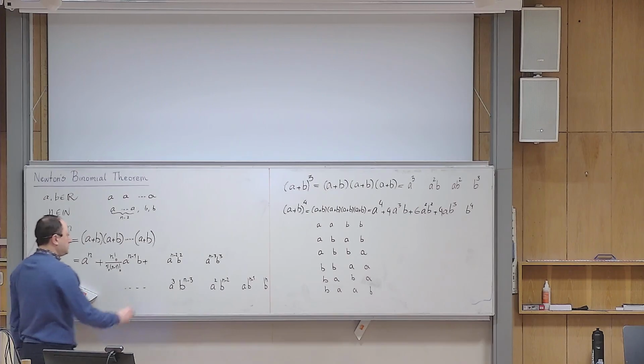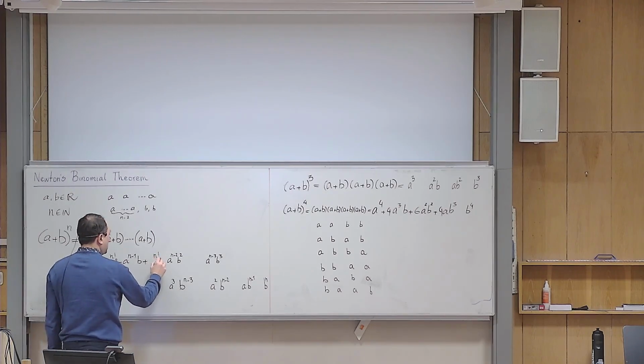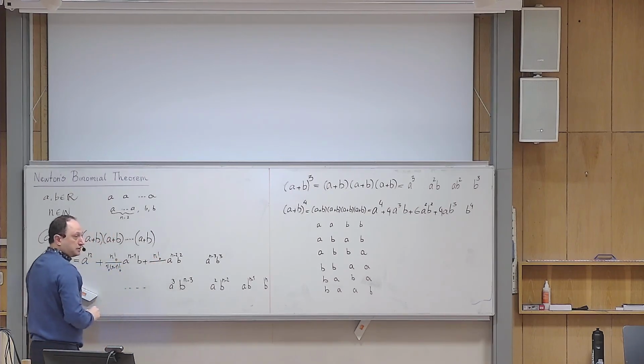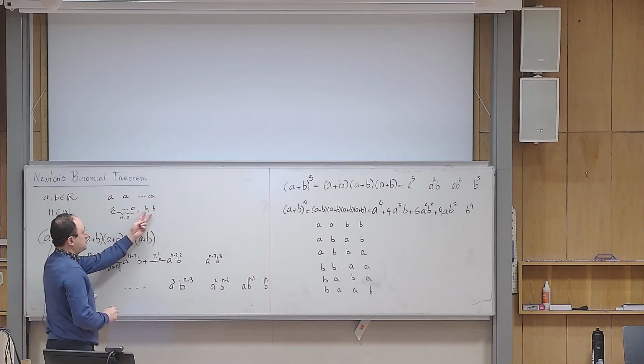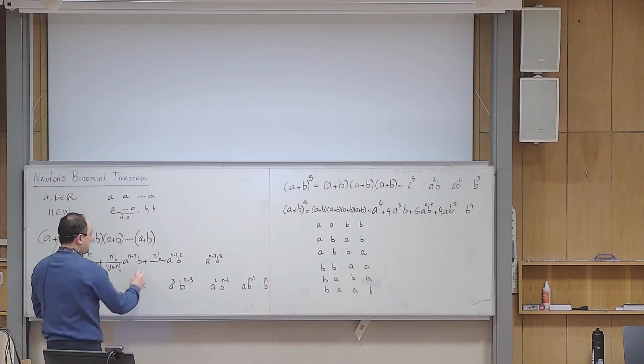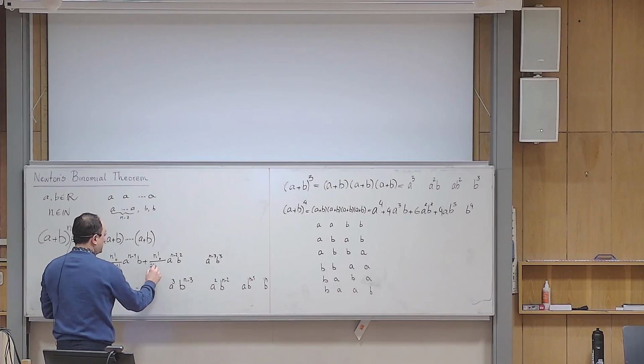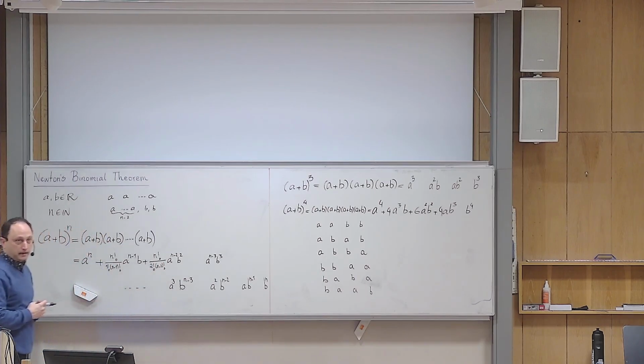Again, the numerator is n factorial. But the denominator, now I have n minus 2 objects repeated of the same type and 2 objects of the other type. So this becomes, hopefully you agree, 2 factorial, n minus 2 factorial. Yes?